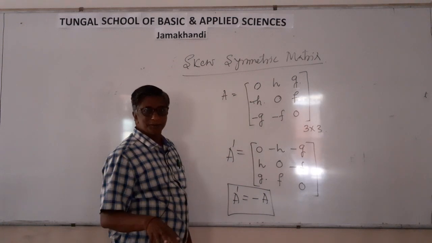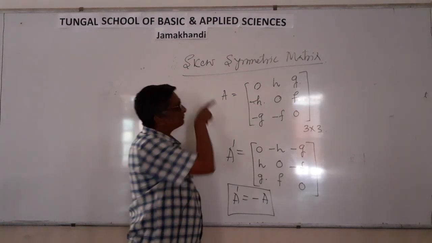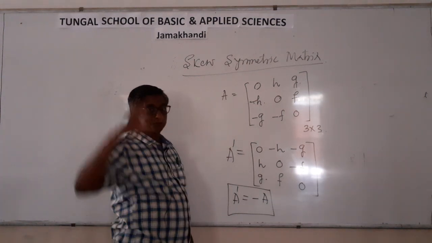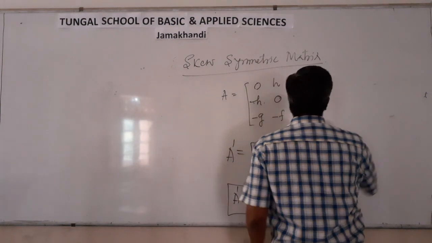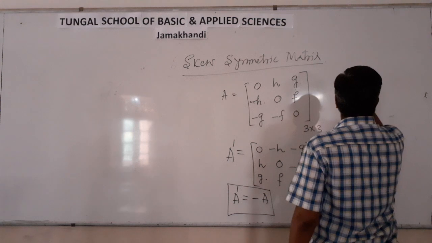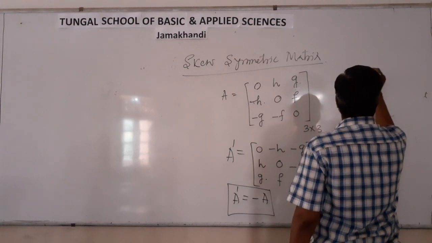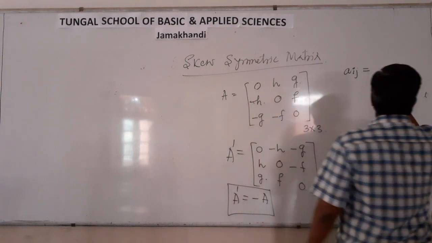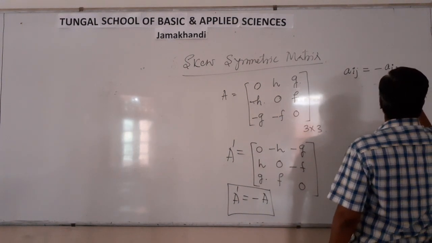Why is it 0? It should be any other number, but why is it 0? This question arises in your mind. Let us think, in this case Aij is equal to minus Aji.